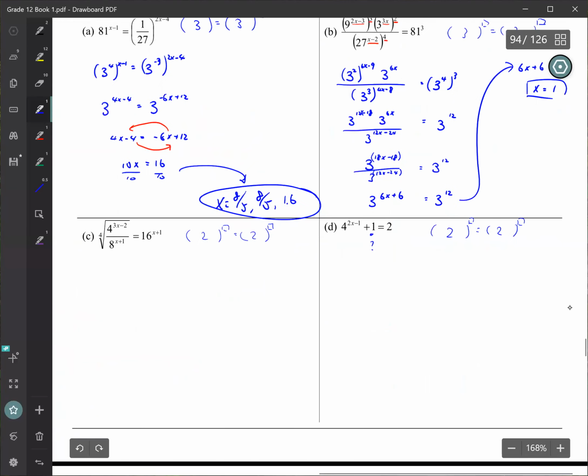Okay, so same thing, please try C and D. Once you got the answer, please raise your hand, or if you feel that you tried it, but then you get stuck, doesn't know what to do, also raise your hand, okay?